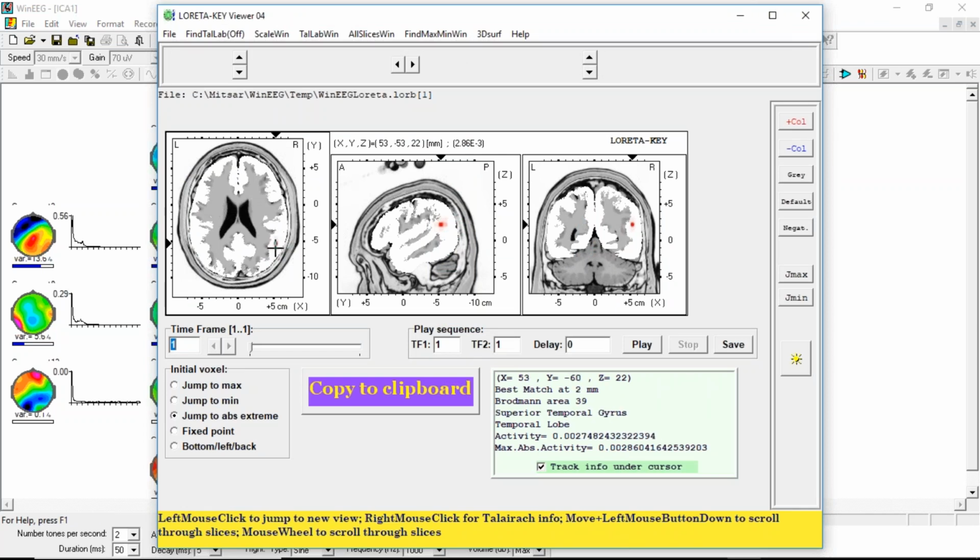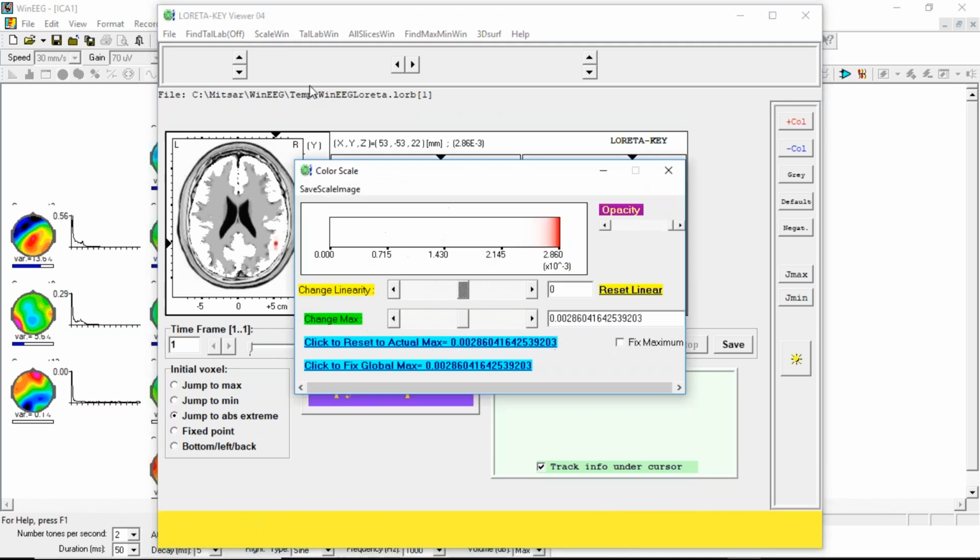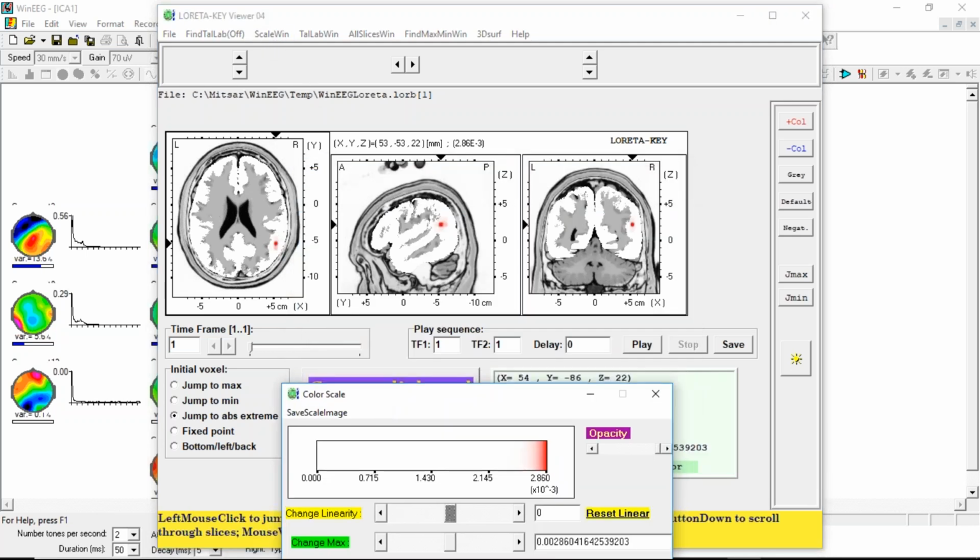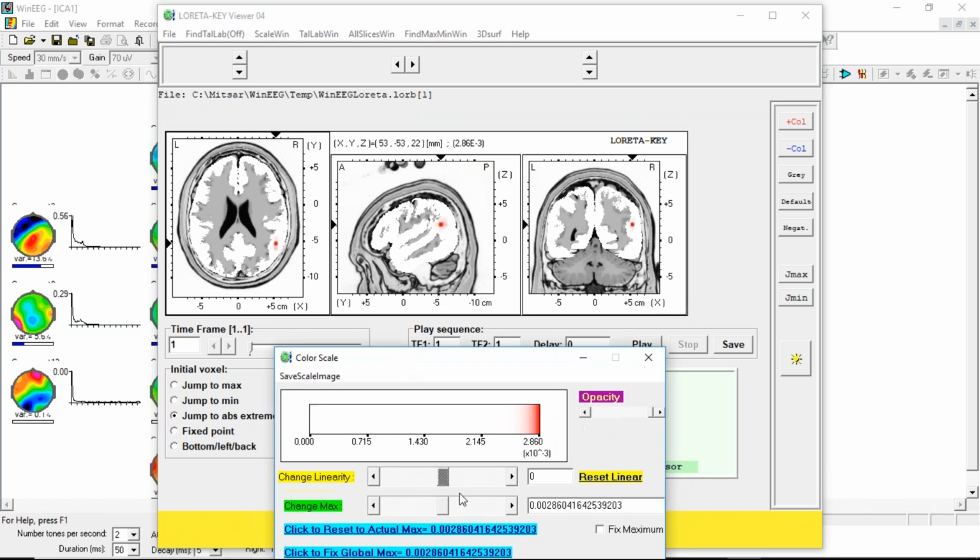Now, those Brodmann areas are important because they have specific functions that we can correlate to performance and non-performance related issues. So we got Brodmann area 40 here on the right side of the brain, and we can scale that, meaning we can make this a little bit more red so that we have an idea of whether there are other areas being affected.